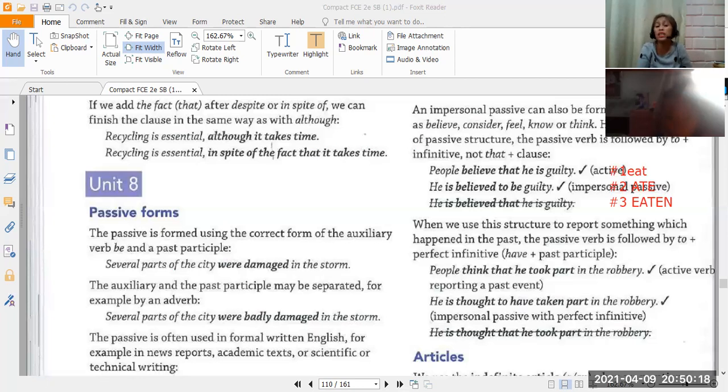You can use an article if it is plural, but if it is not plural, we cannot use an article. Like I will say "the Keo", no. With the name of a person, we cannot use an article. Okay? Remember that.